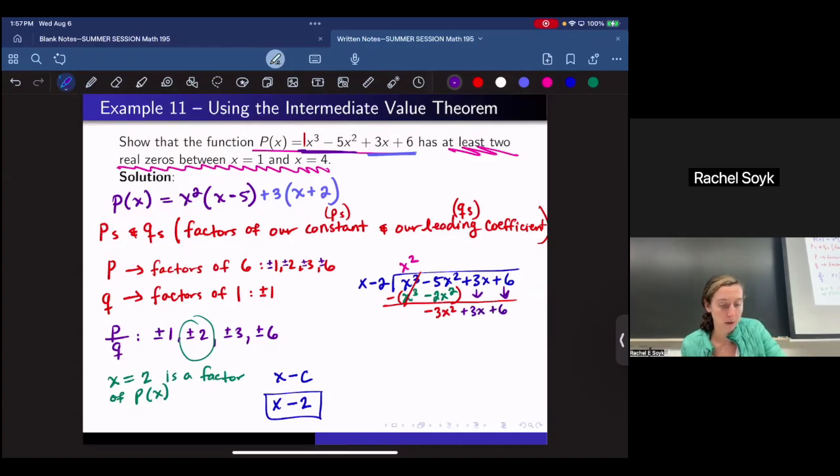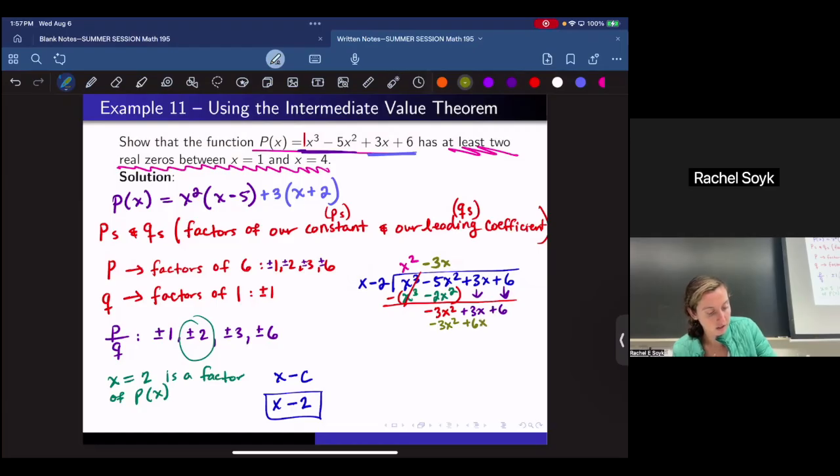Now we continue the process. So x times what gives you negative 3x squared? We have negative 3x. Negative 3x times x gives you negative 3x squared. Negative 3x times negative 2 gives you a positive 6x.